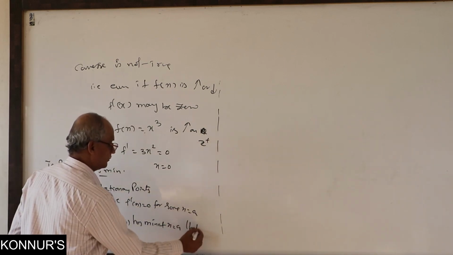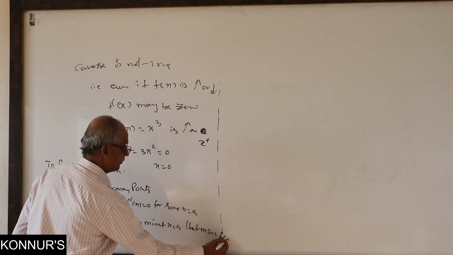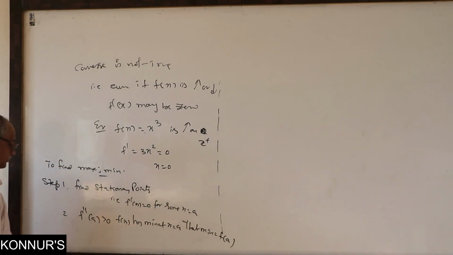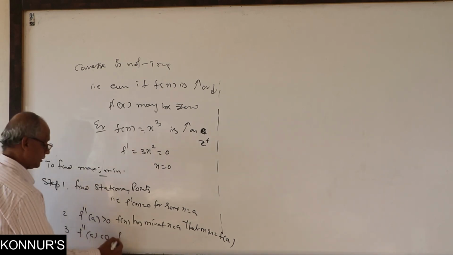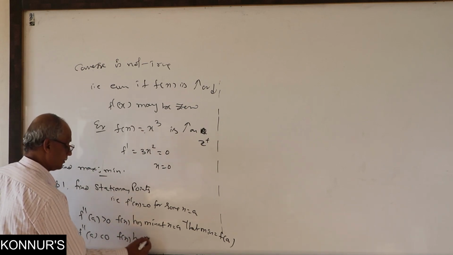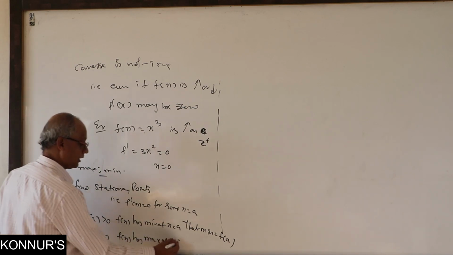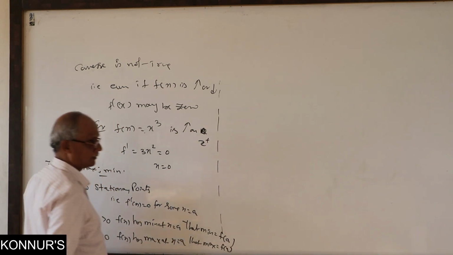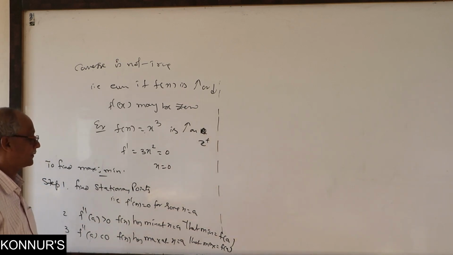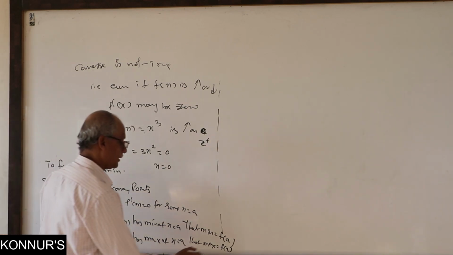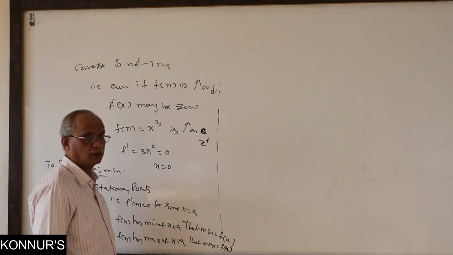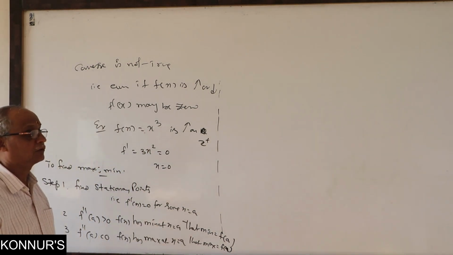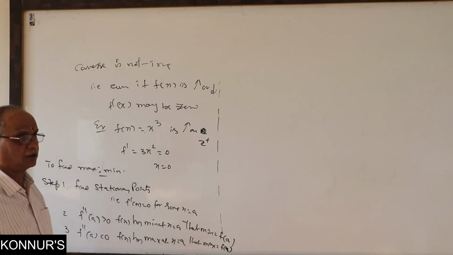That minimum value, substitute in the problem, f of a, is the stationary value. Suppose negative, then f x has a maximum at x equal to a. That maximum is also found by substituting in the problem, f of a. This is about the second derivative test. This is called the first derivative test, and then the second derivative test.